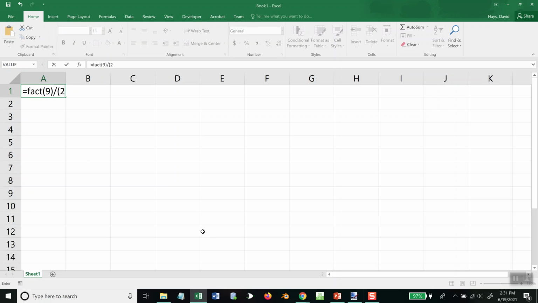So put a beginning parentheses, 2 factorial times 2 factorial times 2 factorial, closing parentheses on the bottom. And press enter. And we have 45,360 as our answer.